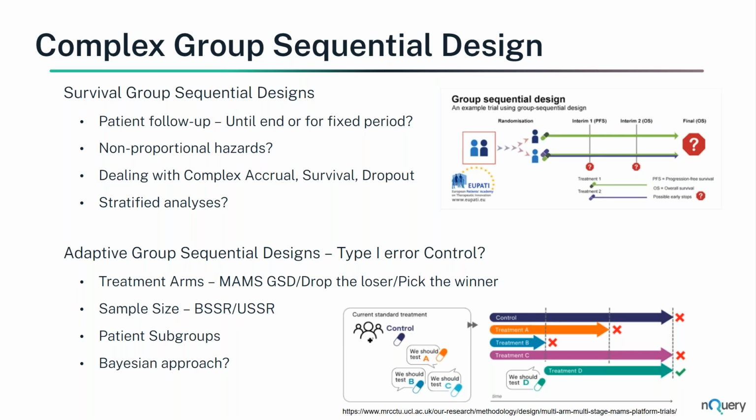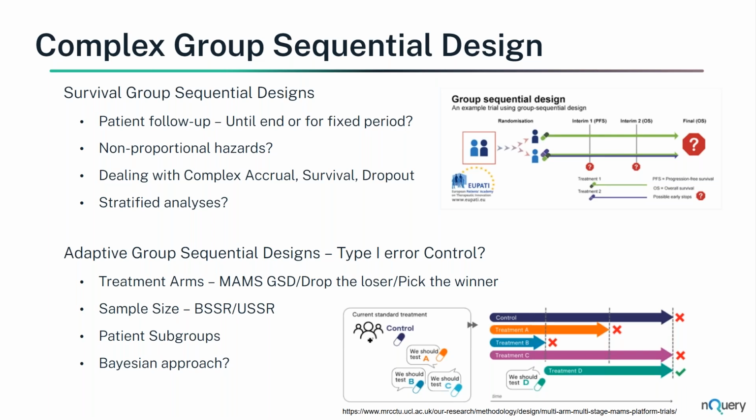It's similar to using the drop-the-losers approach. Again, with group sequential designs, you're already trying to account for the type 1 error. So adding MAMS and how it tries to account for type 1 error, you're combining the two, so you make this quite a complicated process.